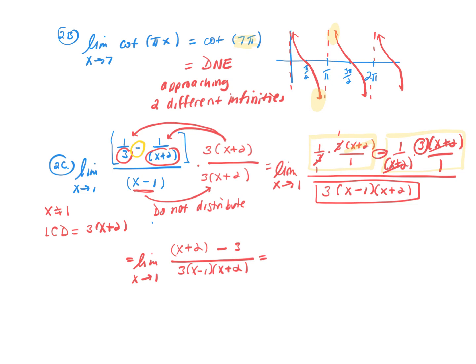Okay, keep the limit notation, so limit as x approaches 1, we have x plus 2 minus 3. You don't really need to take that step, but for those of you that need it, I'll put it in there. Okay, so that would give us the limit as x approaches 1 of x minus 1 now.